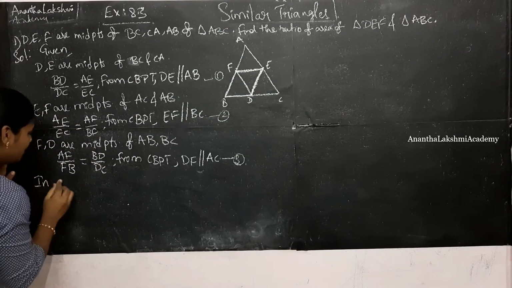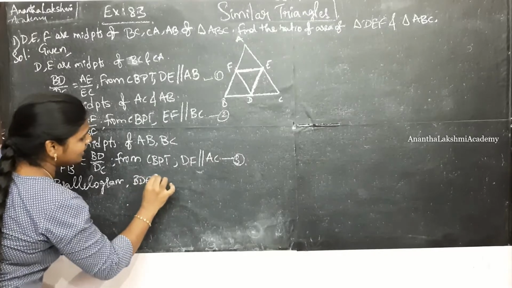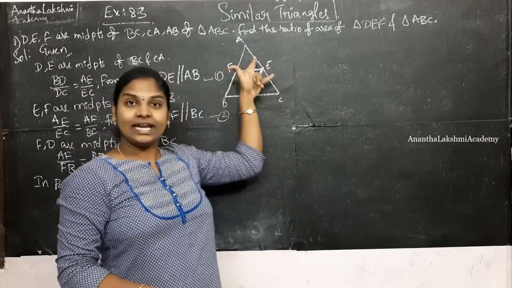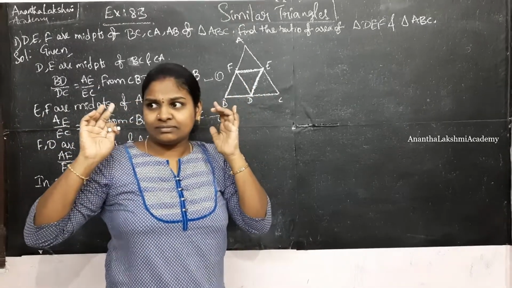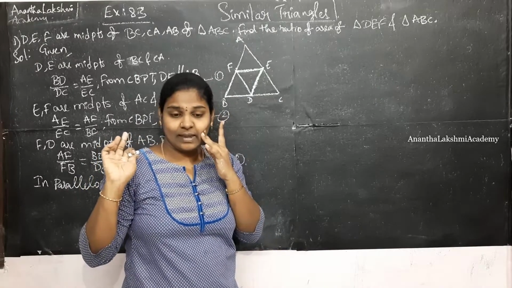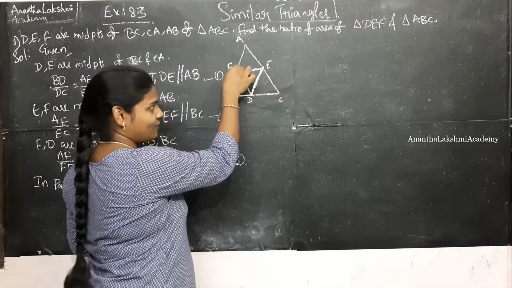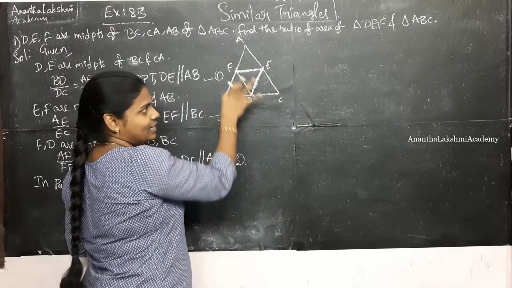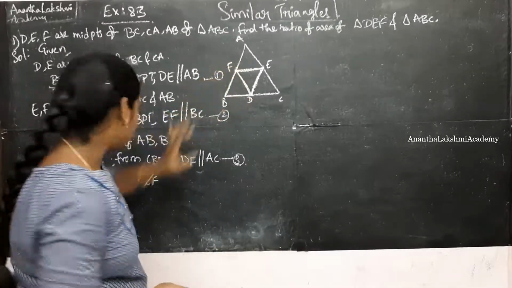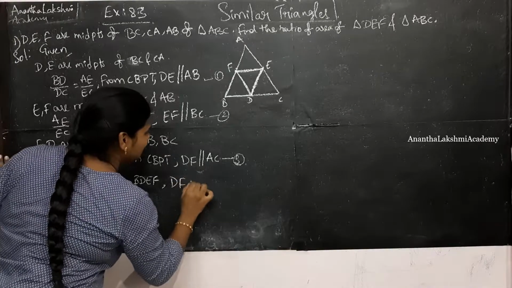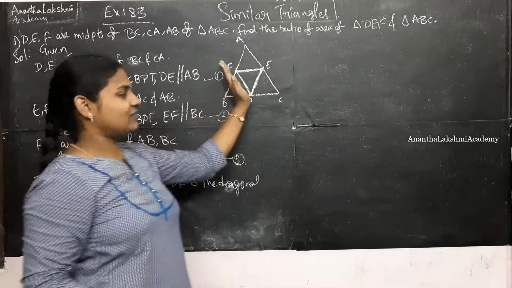So in parallelogram BDEF, since this line is parallel to this line and this line is parallel to this line, DF is nothing but the diagonal.